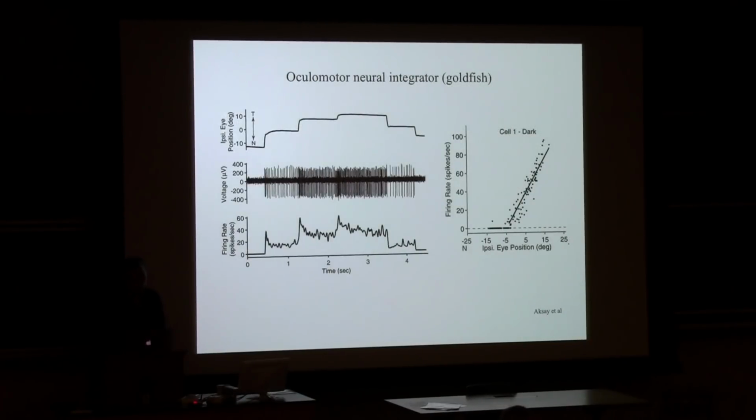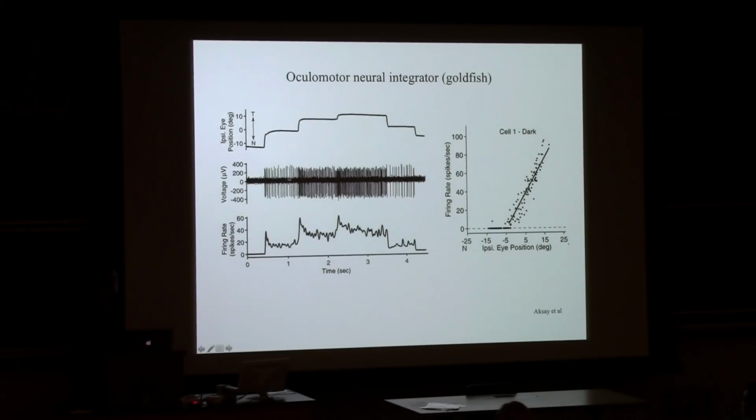So I'll give you one example of sustained activity. This is in the network. This is the oculomotor system, where you control eye movement. Some neurons. So this is the eye position, right? When you move your eye to a new location, it's sustained there.